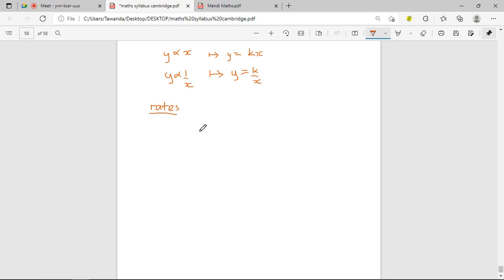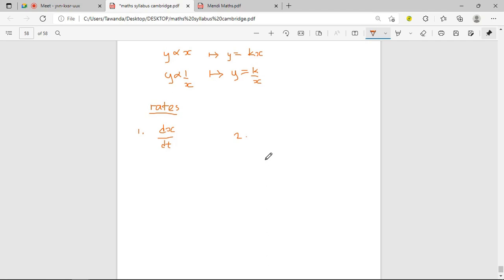So can you write this statement: the rate of increase of x is denoted by dx over dt. That is the first statement.